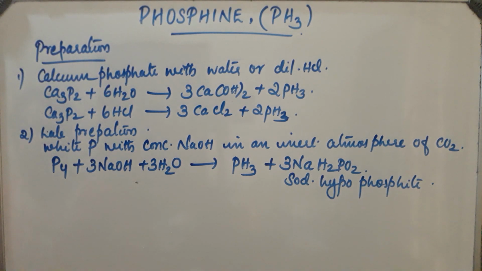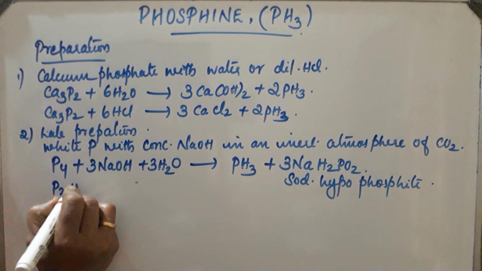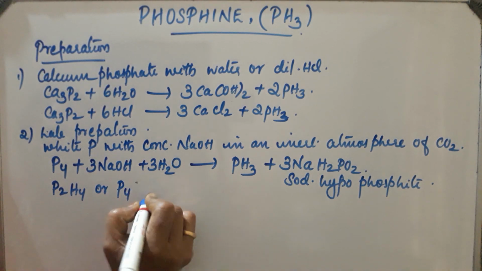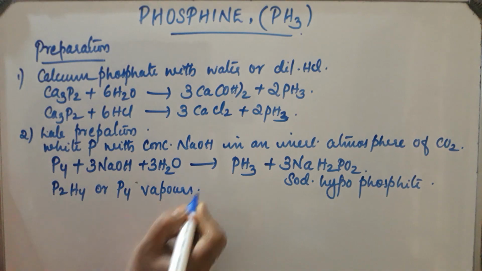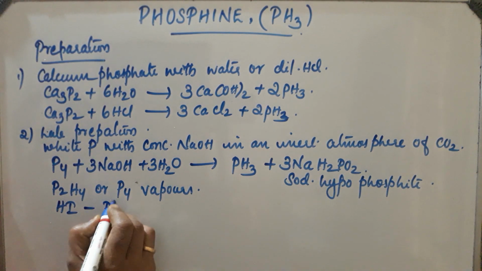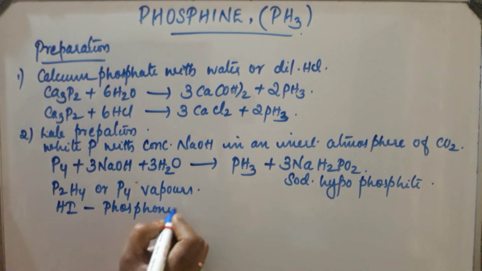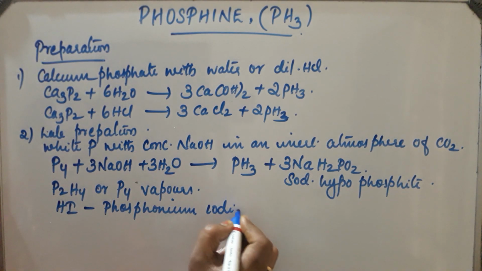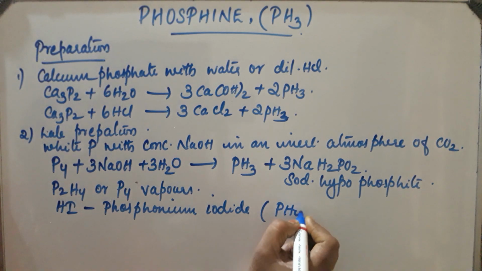Now, when pure, phosphine is non-inflammable but becomes inflammable due to the presence of P2H4 or P4 vapors. In the presence of these impurities, phosphine becomes inflammable, so we have to remove them. To purify it, first we absorb it in HI, hydrogen iodide, and form phosphonium iodide, PH4I.